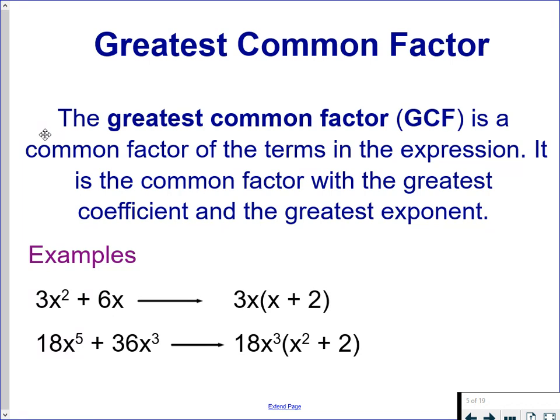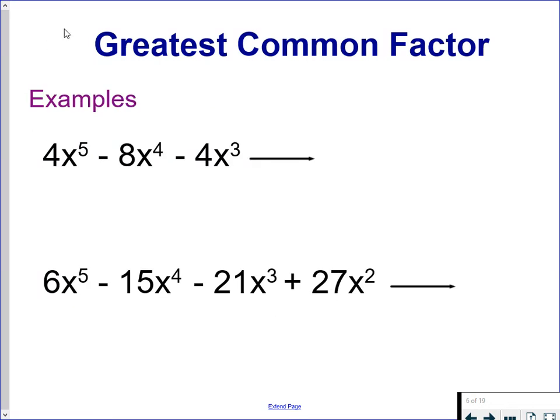If we're undoing the distributive property, we're dividing, technically, because distributing means multiplying. So go ahead and find the greatest common factor, and then factor it out of those two.